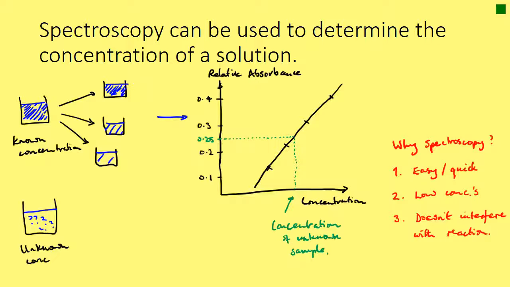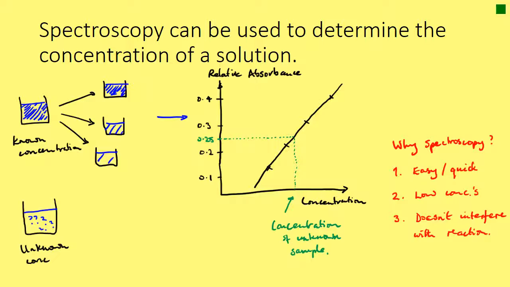There's supposed to be a bunch of question marks there. And what you do is you put your first sample through the spectrometer, and you would measure the relative absorbance. So let's take one sample, and you'd measure the relative absorbance of that.